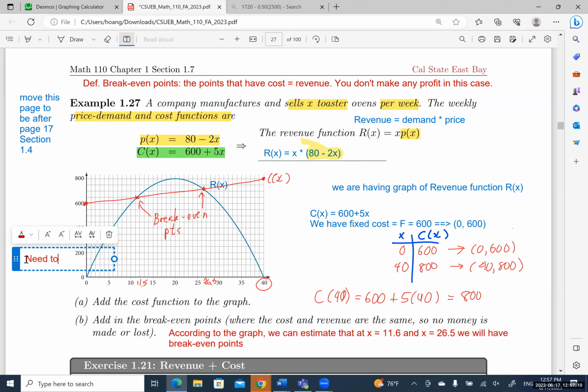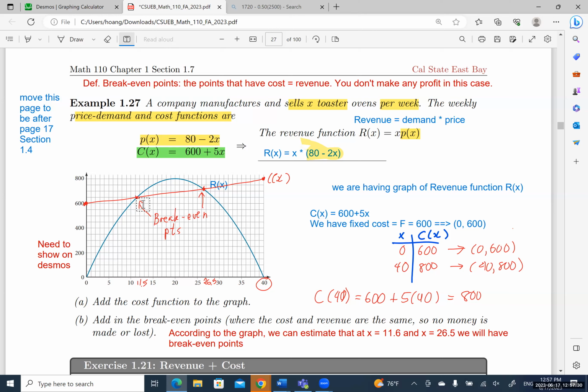Need to show on decimals. I'm going to add this one. Okay, so I have the break-even points.